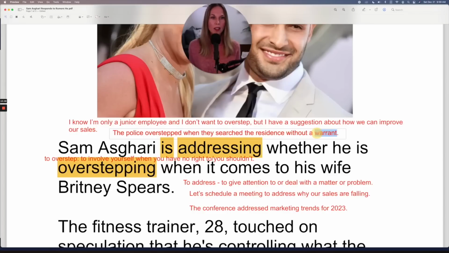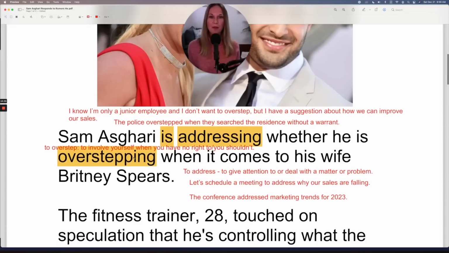A warrant in North America is a legal document that gives the police the authority to search someone's personal property. So if they don't have that warrant, they are overstepping. So that's another example for you.